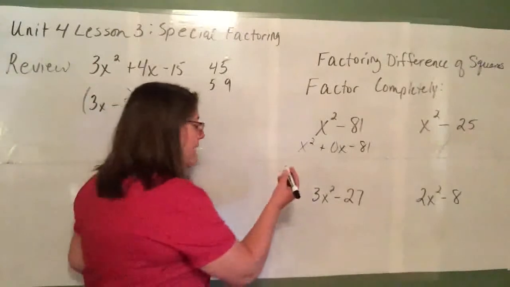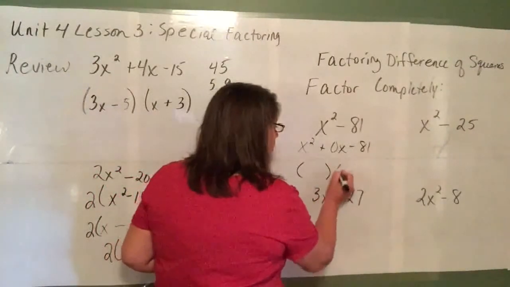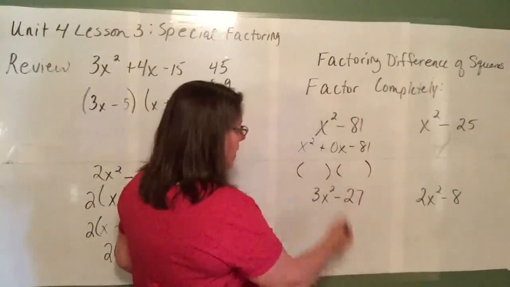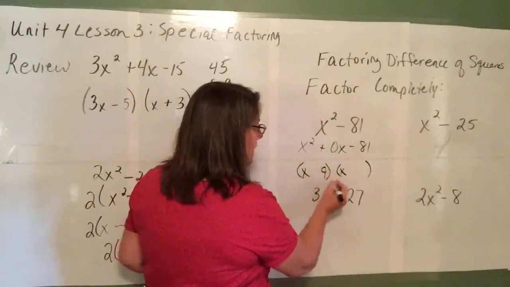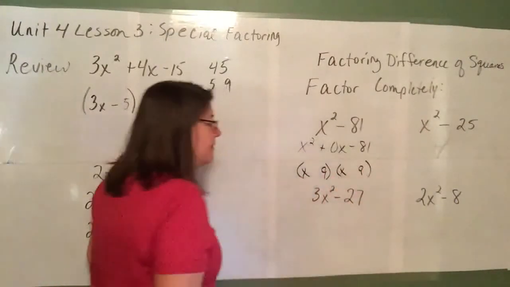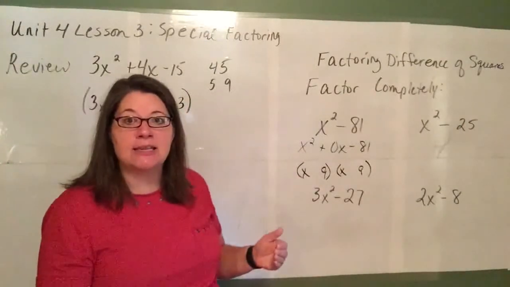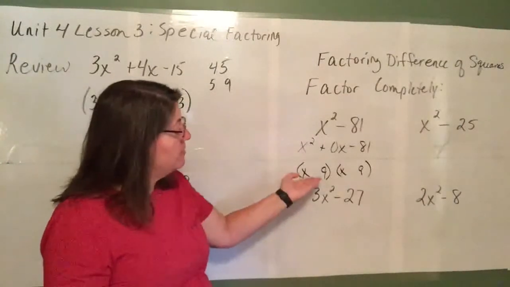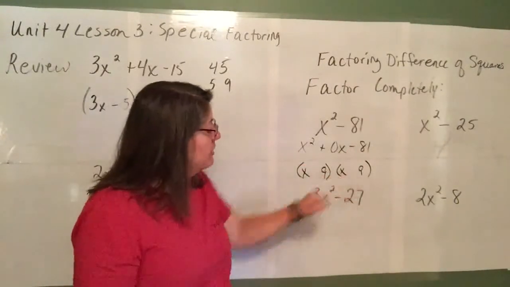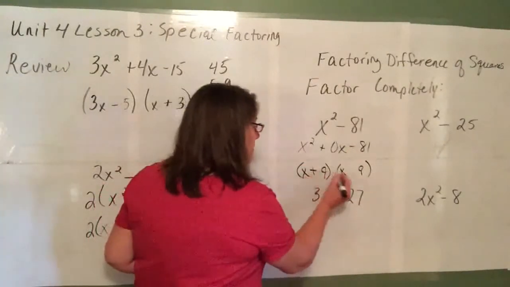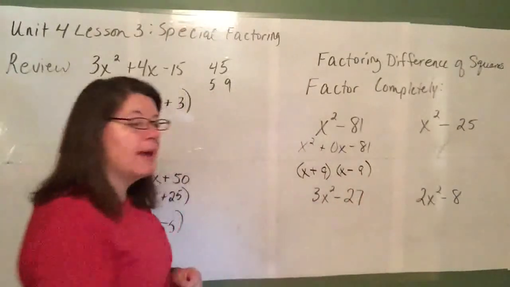So I'm going to factor this just like I've been factoring my other trinomials. Factors of 81 that subtract to give me 0 are 9 and 9. And my signs work the same way as in the trinomials before. If this is a minus, it tells me these signs are different. So one of them has to be a plus and one of them has to be a minus.